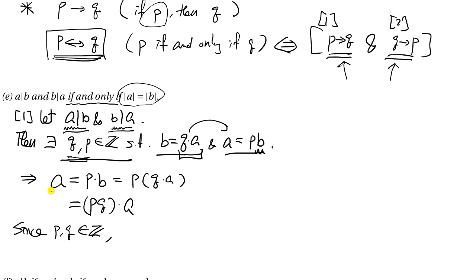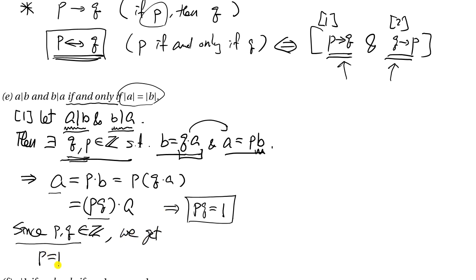And right now A equals PQ times A, so that means PQ must be 1. There's no other way. If P and Q are integers and the product of those two numbers equals 1, then there is no other way unless P and Q are both 1s or both negative 1s. There is no 1/2 or 1/3 possible for P and Q, since they're integers. So these are the only two cases.